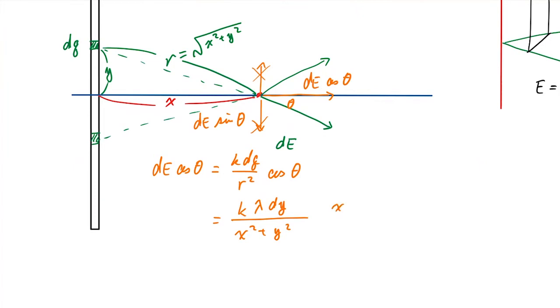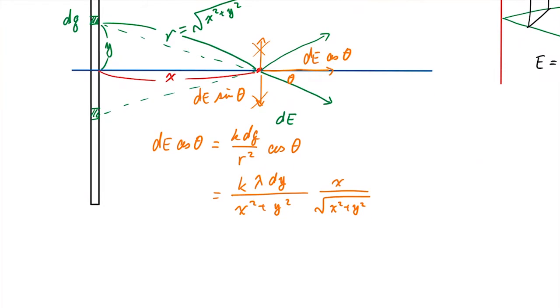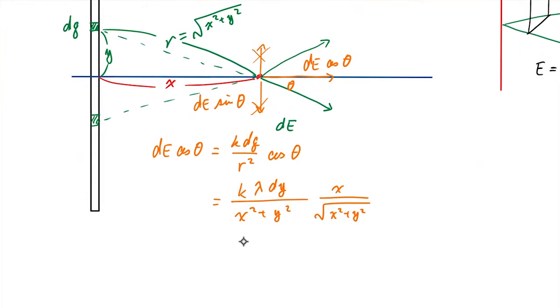So x over r, which is this. So far, so good. Let's simplify this. So this is the same as k lambda x on the numerator and then denominator x squared plus y squared to the 3/2 power dy. Now we can integrate. Good.